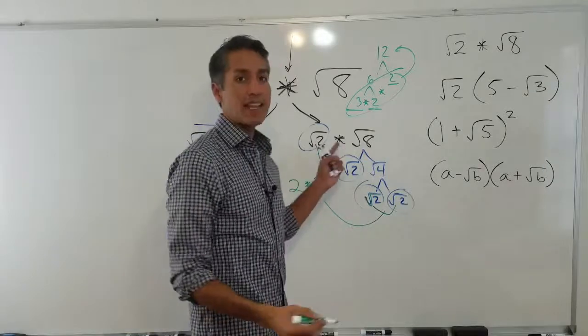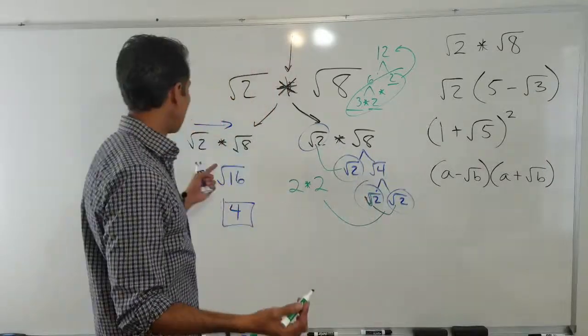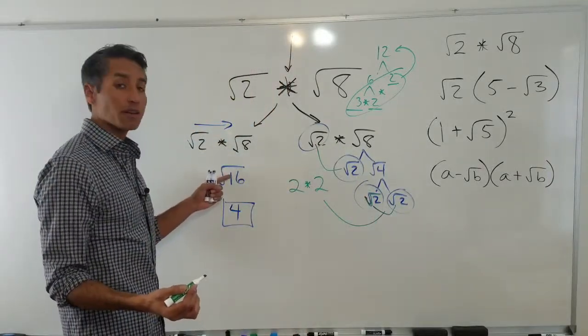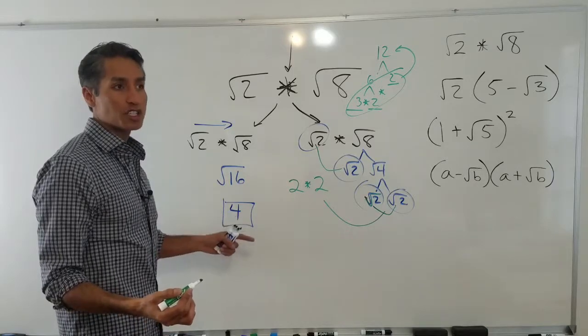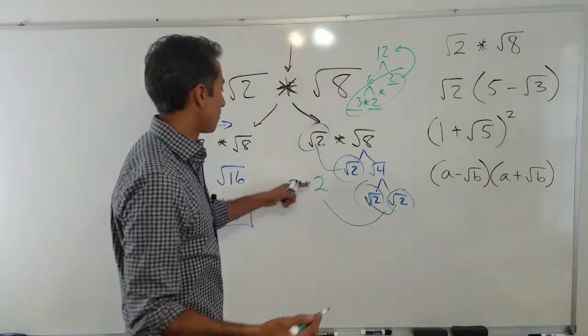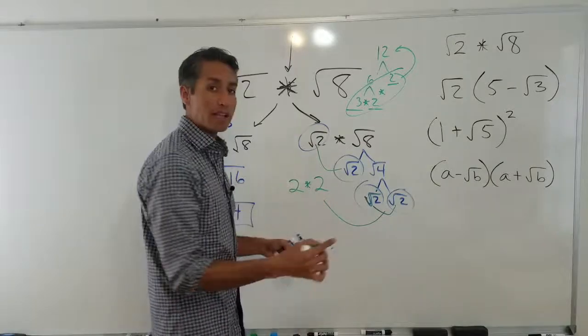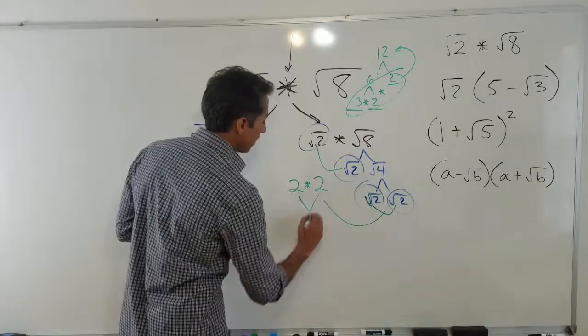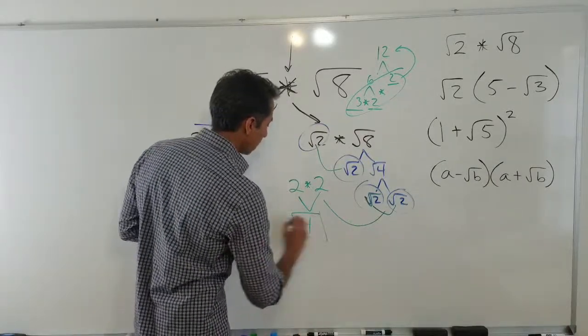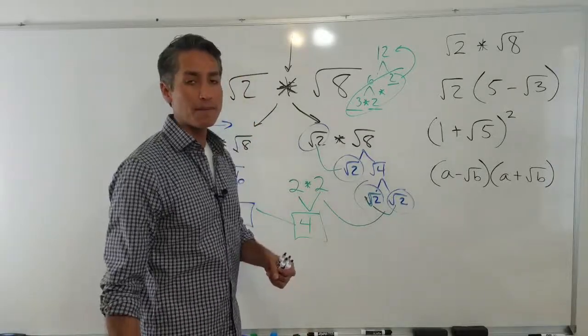And when you do these in a calculator, you should be able to get to this point to where you can do square root of 16 and get a 4, or just know that you could pull out your doubles, get a 2 and a 2 as your factors, multiply them together, and get a 4, okay?